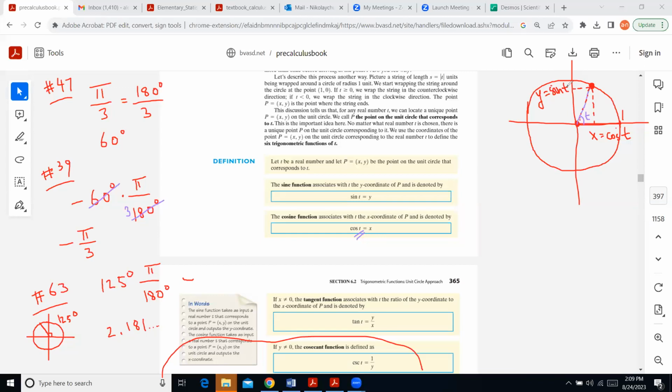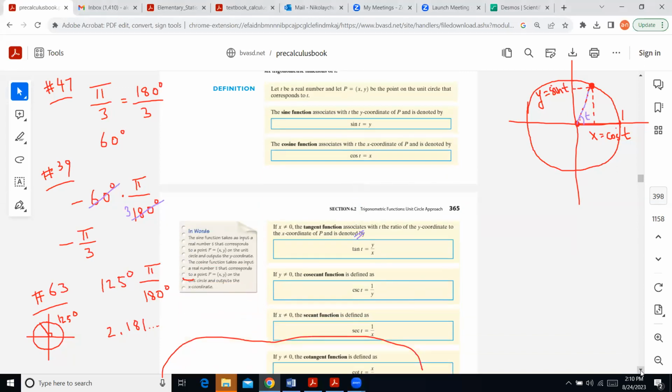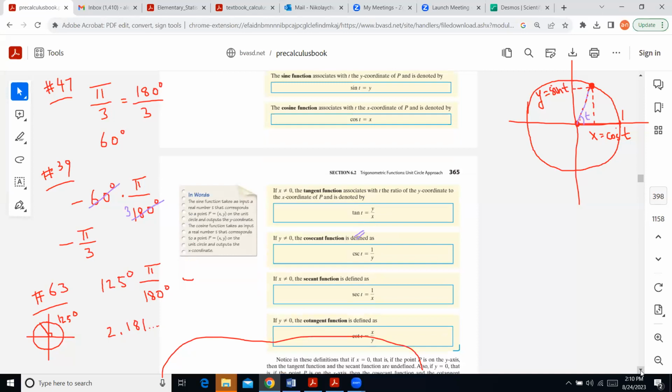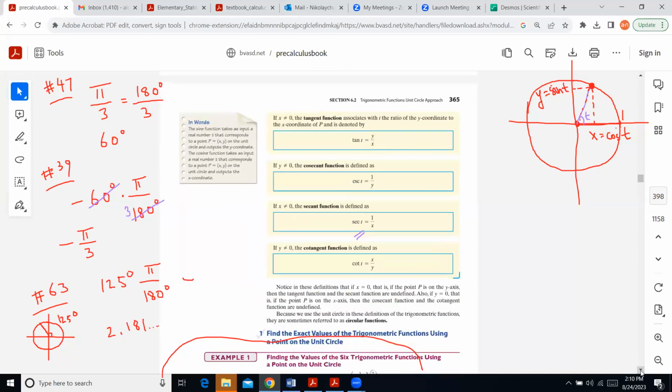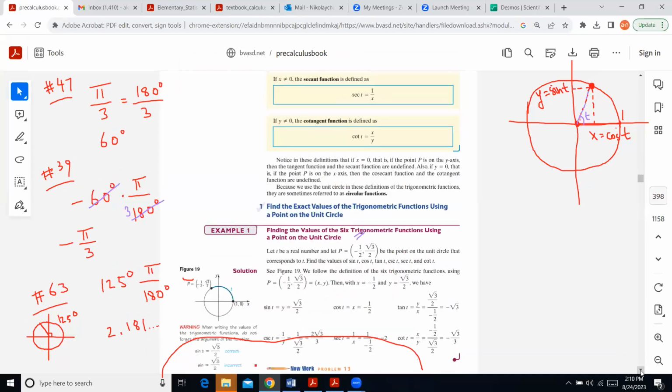It's just like t, but in Greek. They really like those Greek letters in here. If I take a look at these definitions, there are some more of them, but I just want to work on sine and cosine today. In fact, only on one, because we really want to get used to this instead of getting into the others.